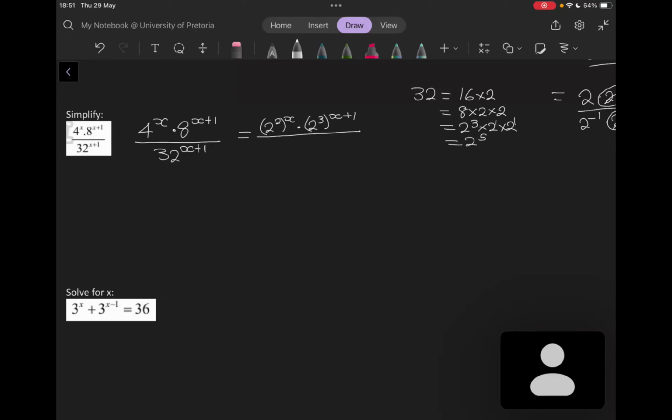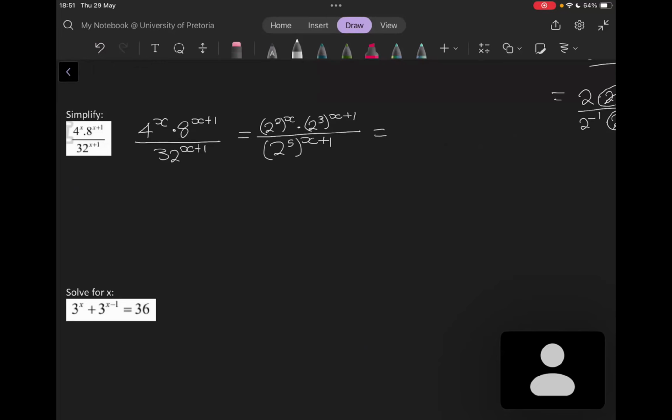Remember that whenever we have exponents of the same base multiplied by each other, we just add the exponents. That's how we have 2 to the power of 5 as 32. Hope everyone's on the same page. Let's substitute this 2 to the power of 5 in place of the 32. We then have 2 to the power of 5 as the denominator, raised to the power of x plus 1.